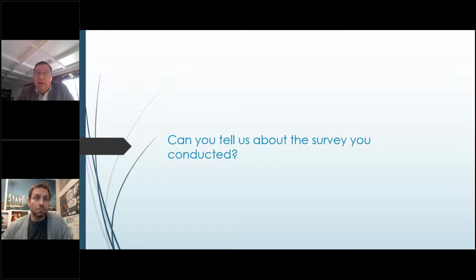We also asked them where they'd like to place sports bets. Is this something that you want to do at a casino? Is this something you want to do on your mobile phone, online? Is this something you want to do at a lottery vending machine? Those kinds of questions. And we also got at a few ancillary questions that were of interest to us.